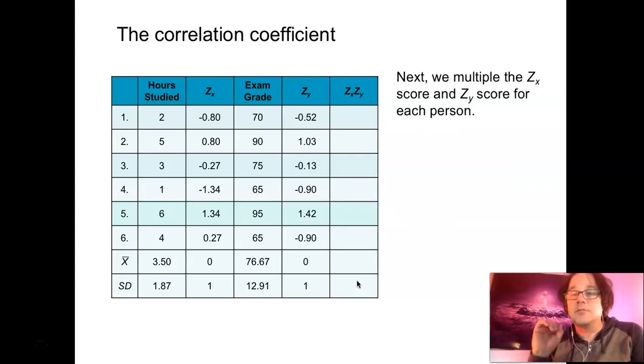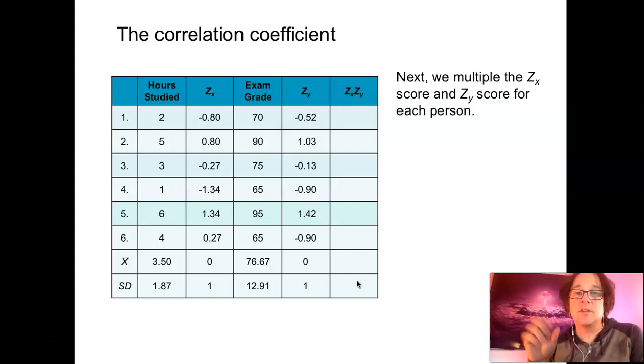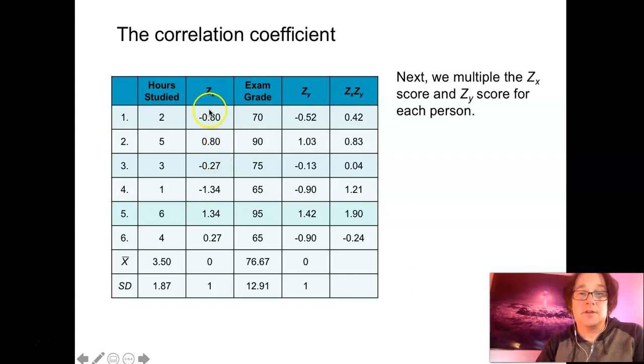Okay, so the next thing that we have to do is multiply the z-score of x and the z-score of y for each person. So we have a new column over here, zx times zy. I filled these in because we took the z-score of x for person 1, multiplied it by the z-score of y for person 1, and we end up with this cross product here.